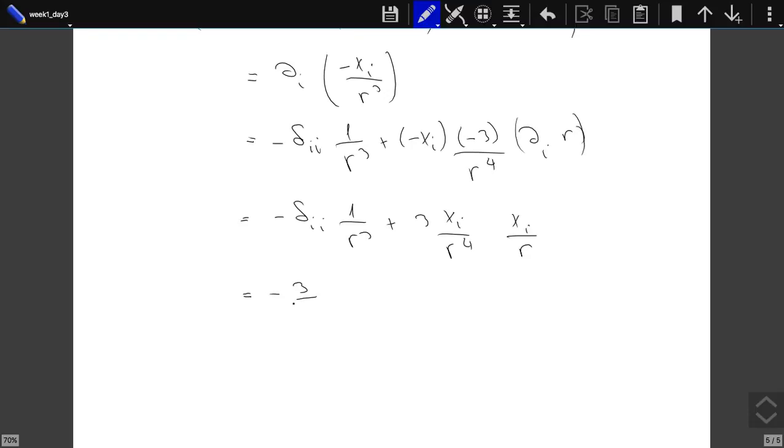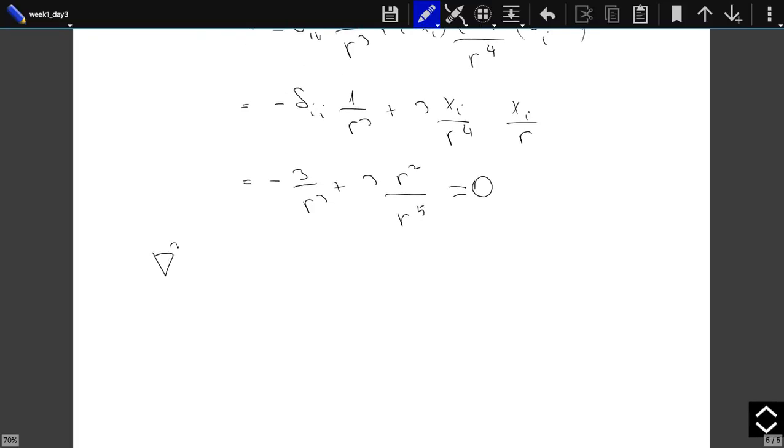This is minus 3 over r cubed plus 3 r squared. Xi squared is r squared divided by r to the 5. This is equal to 0. So Laplacian of 1 over r is equal to 0.